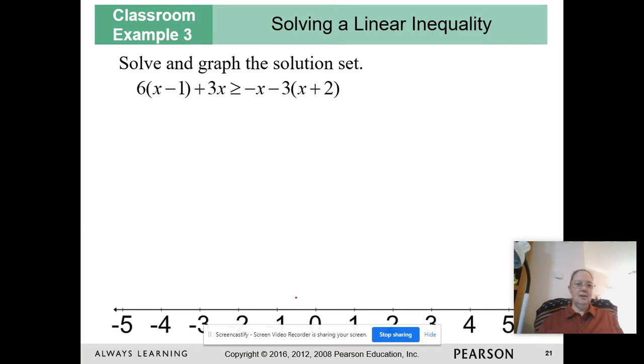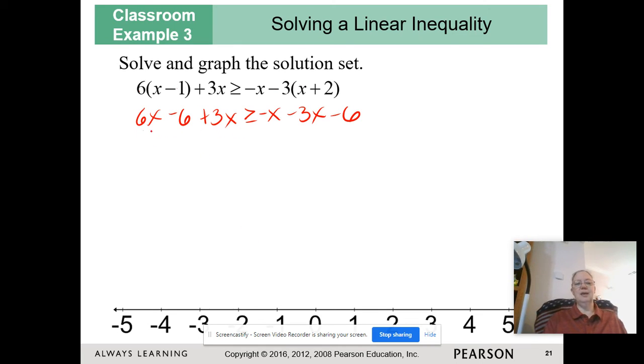All right, so we've got lots of stuff going on here. I am going to first get rid of the parentheses by distributing. I'm going to distribute, make sure you remember that this is negative. So I have 6x, 6 times negative 1. I'm going to distribute my negative 3. And then I'm going to combine like terms.